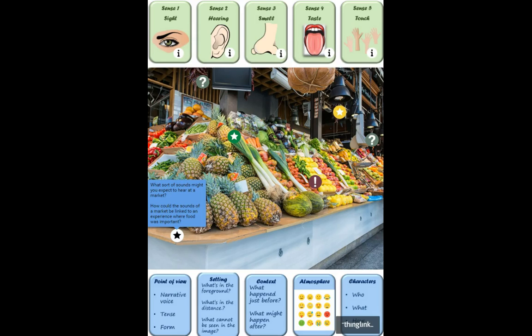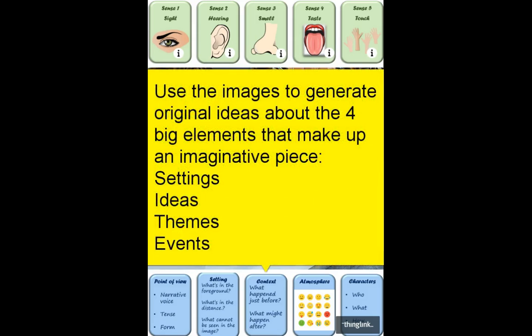I'm not writing about this particular market, and I'm not just describing the pineapples and the leeks and the aubergines that I can see in there. I'm thinking around it. I'm thinking about settings, ideas, themes and events, those big things that we deal with when we're constructing a piece of creative, imaginative, fictional writing.